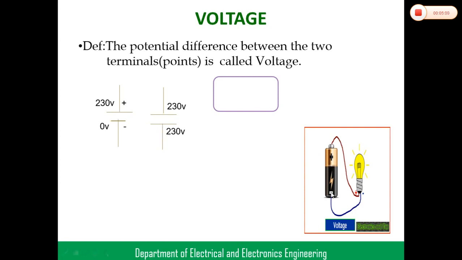The potential difference between these two points is 0, because 230 minus 230 is equal to 0, right? There is no potential difference. Then no current passes towards the bulb, because there should be some potential difference between the two, and only then does current pass through the circuit.